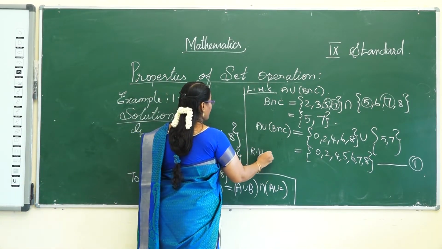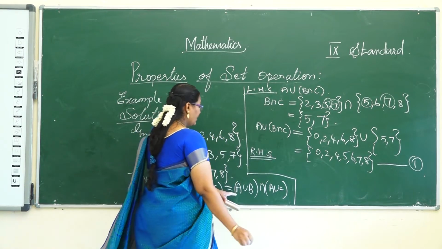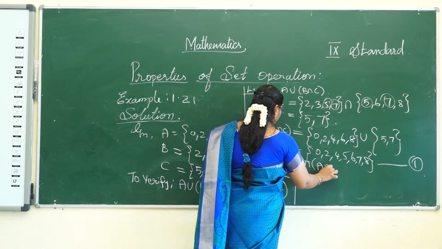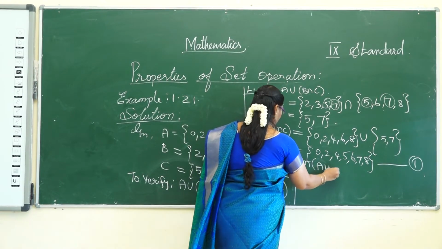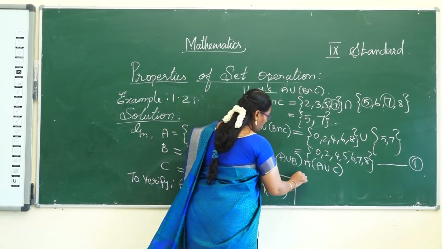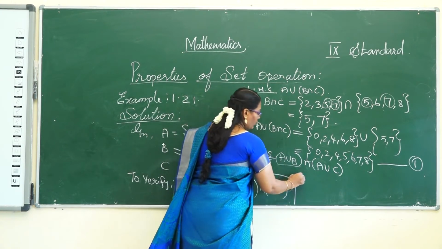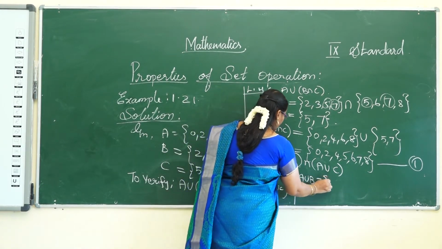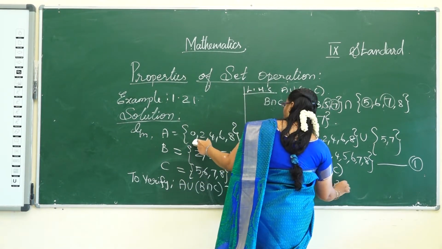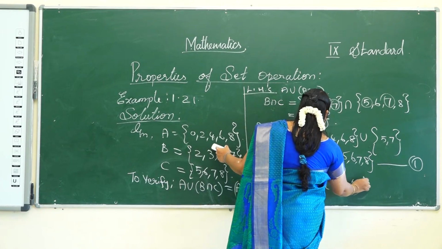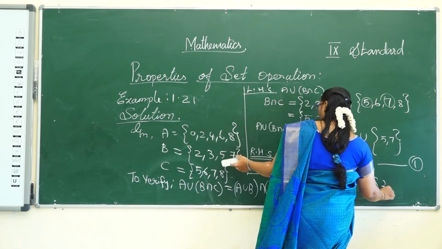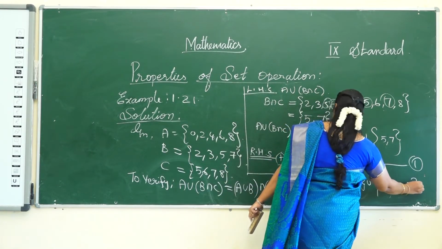Now consider the right hand side. What is the right hand side? (A union B) intersection (A union C). First find A union B. The elements in set A are 0, 2, 4, 6, 8, union B, 2, 3, 5, 7.